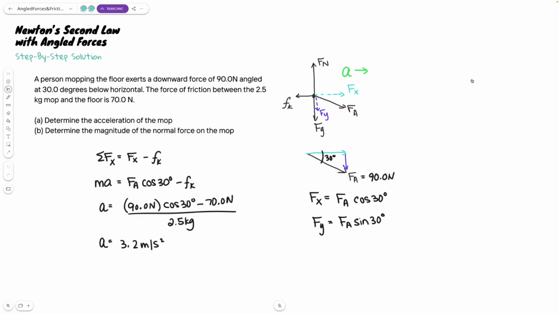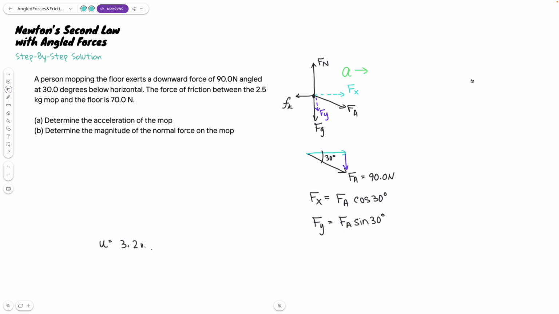So now the second part of our question is asking us, if we want to determine the magnitude of a normal force on the mop, how are we going to do that? We're going to deal with the vertical forces and components of force. So in this case, we want to write a net force equation for all of our vertical things.